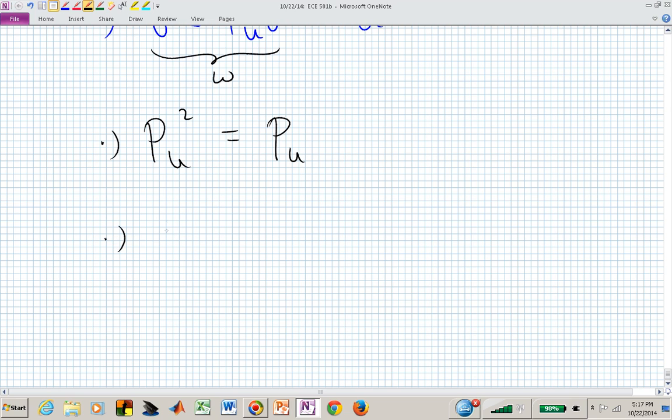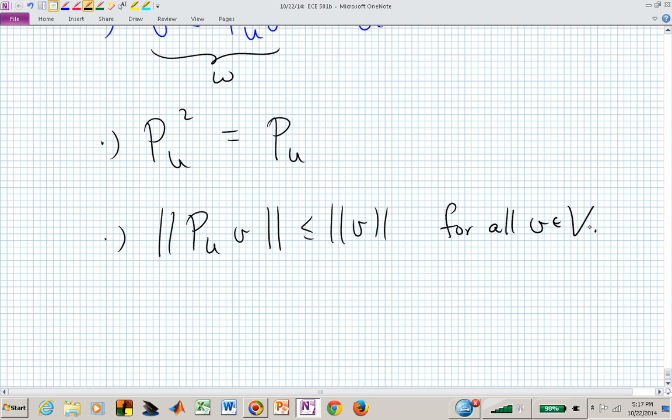And if we look at the norm of P_U, the norm of P_U applied to V is going to be less than or equal to the norm of V for all V.